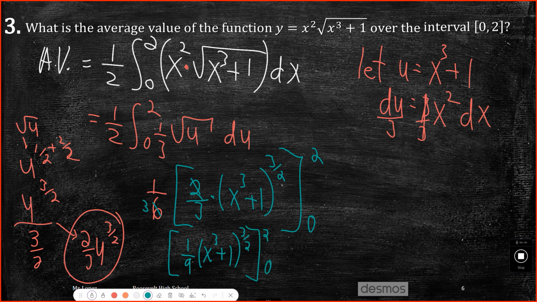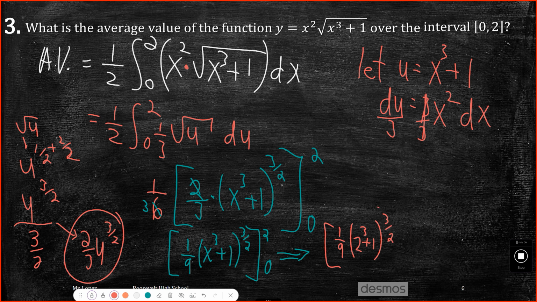All right. And now let's go ahead and evaluate. Let's go over there and plug it in. So I simplified this a little more, and now we're going to plug it in. It's going to be 1/9, x is 2, so 2 to the 3rd plus 1, to the 3/2.